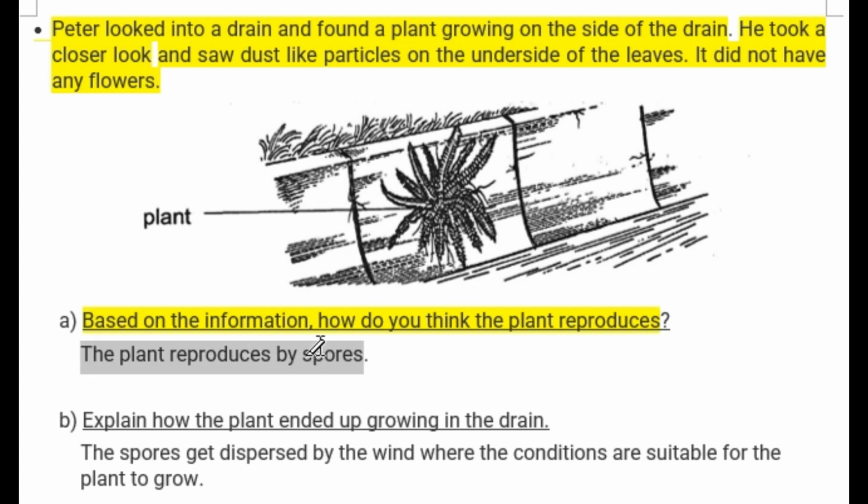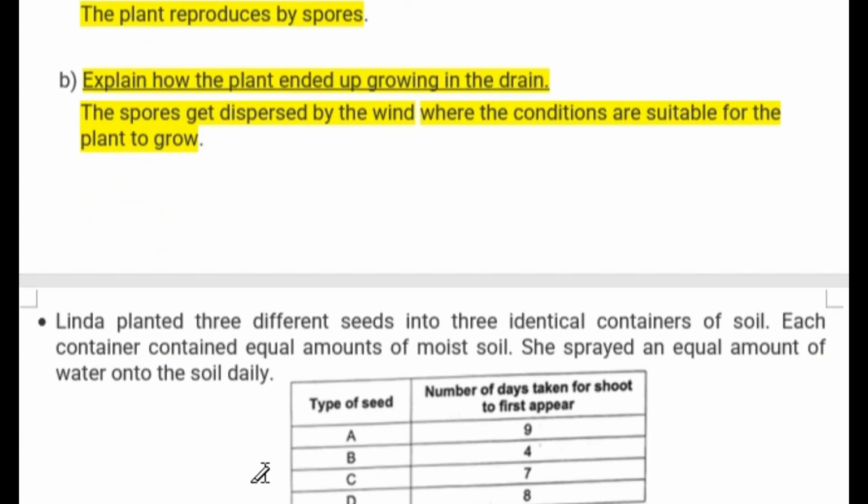The plant reproduces by spores. B. Explain how the plant ended up growing in the drain. The spores get dispersed by the wind where the conditions are suitable for the plant to grow.